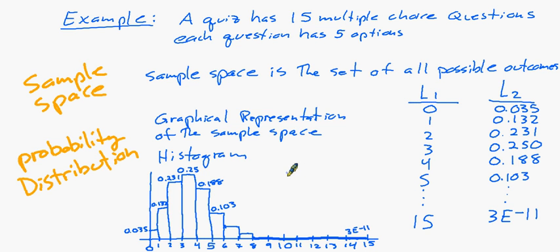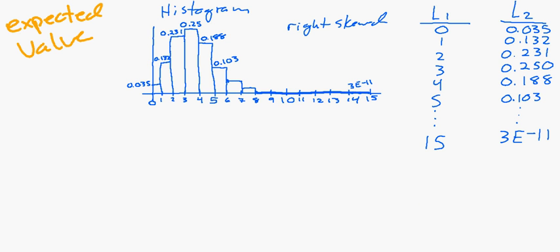Right, well, this is a right skewed histogram. Like I said in the other video, we can actually get standard deviation and all kinds of measures of variation. Everything that we've done previously will actually apply to these distributions.